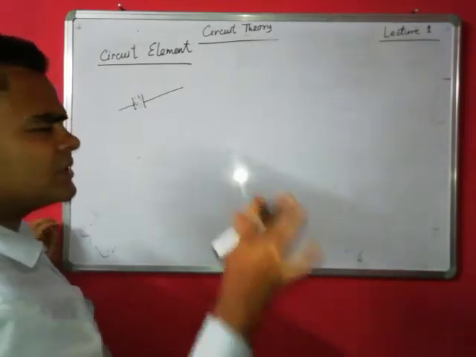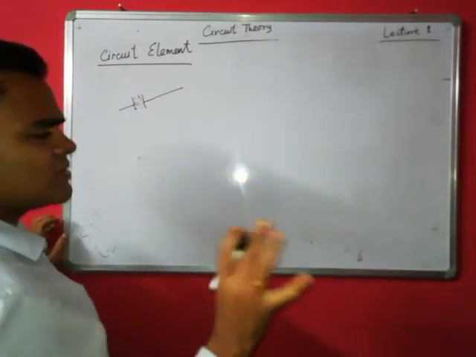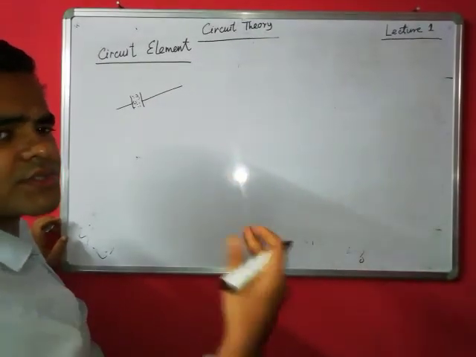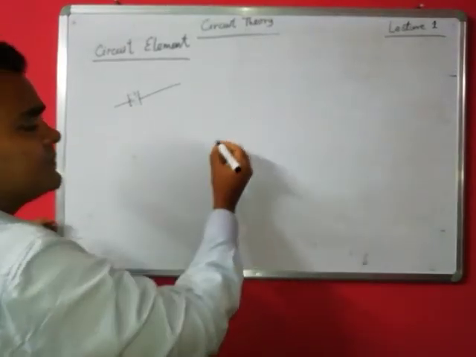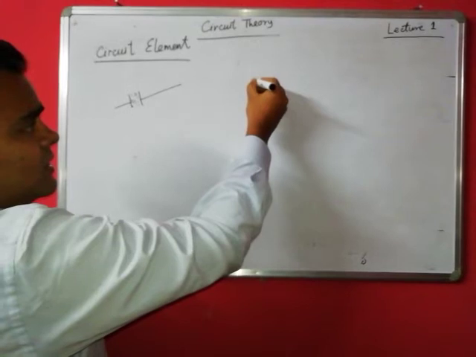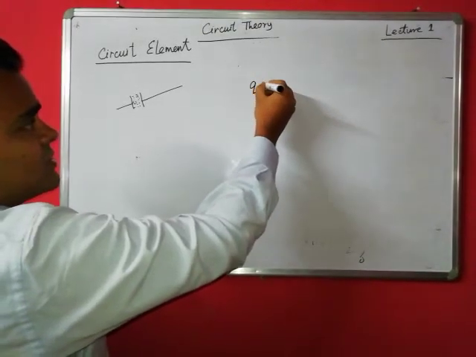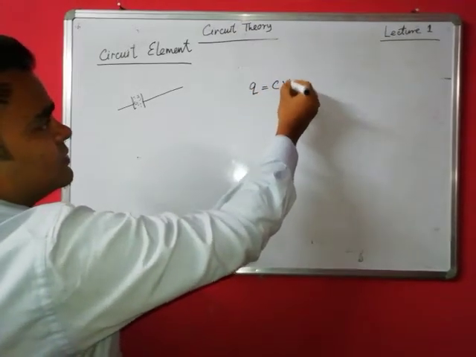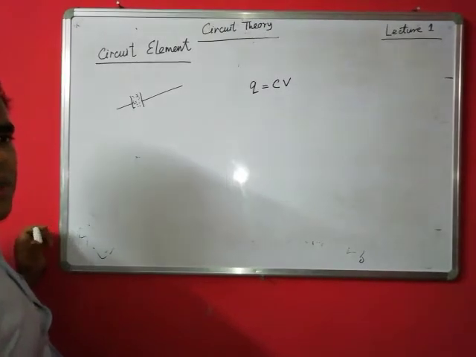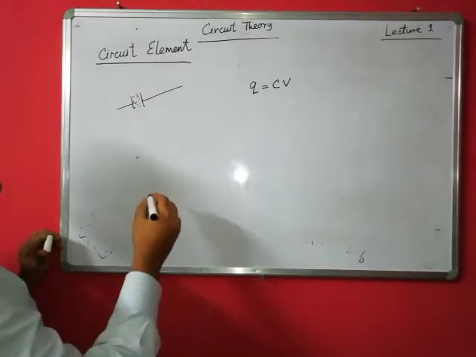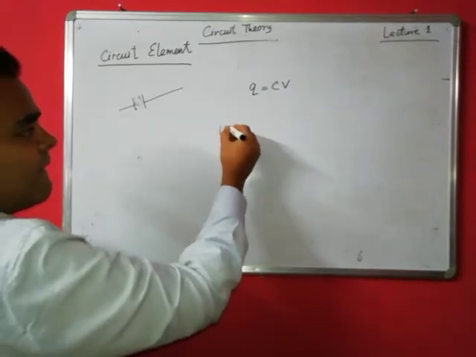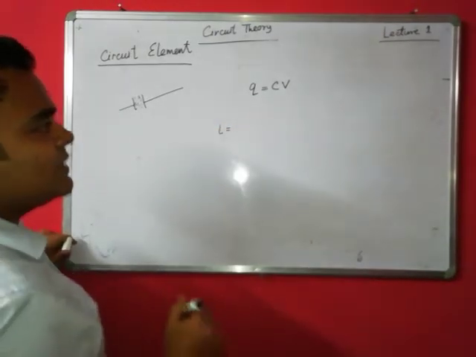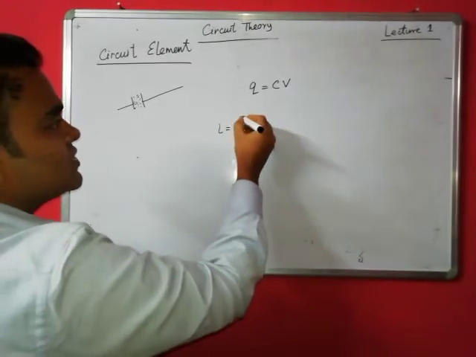We know a lot of things about the capacitance. So let me just focus on the current voltage relationship of a capacitance. We know that charge across the capacitor is Q equal to C into V. It is also known that current is the rate of change of charge.